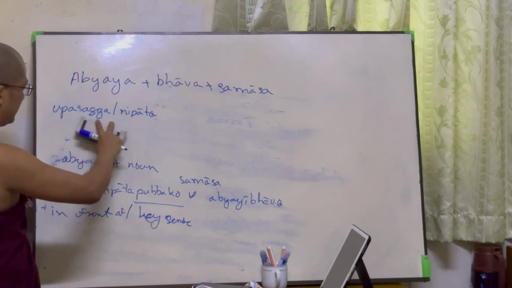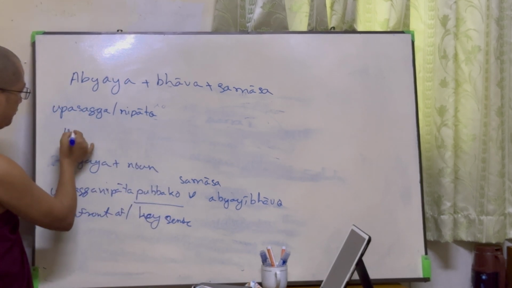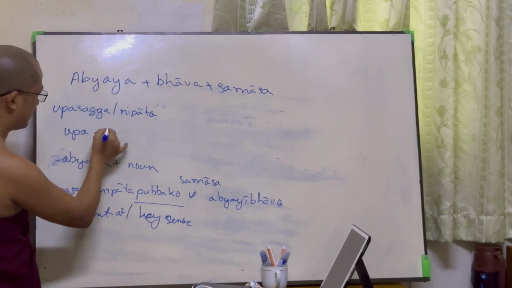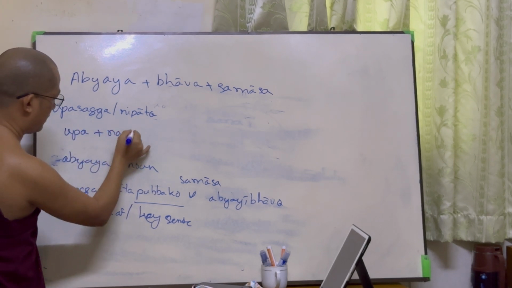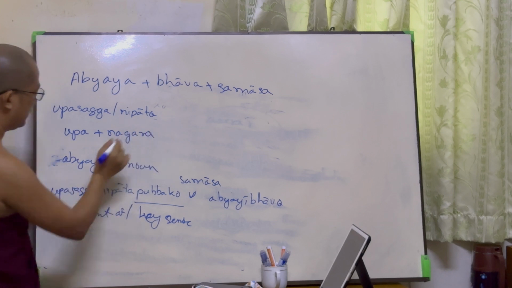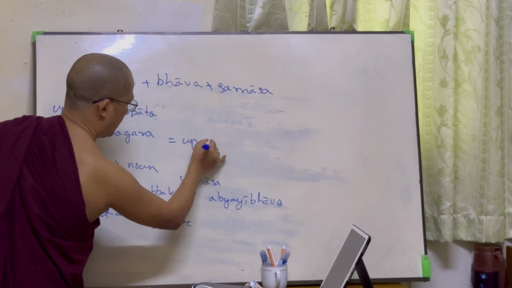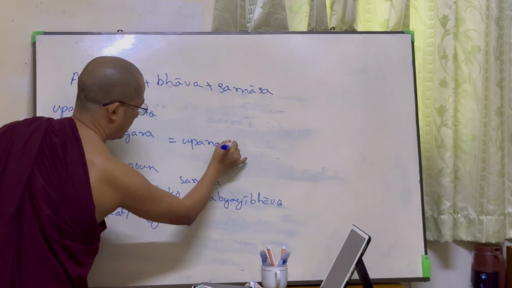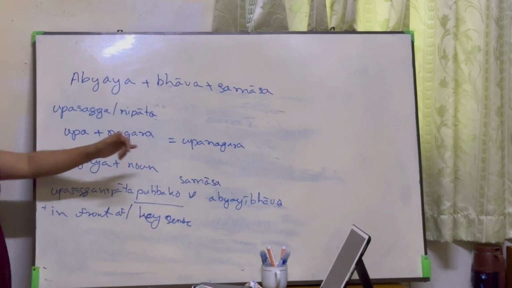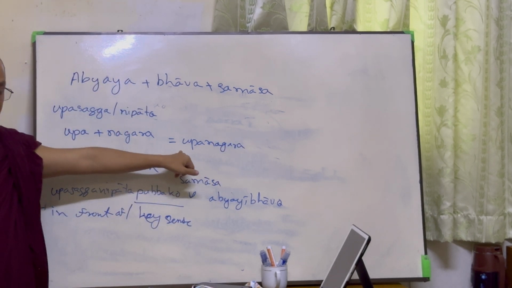Okay, an example is Upa plus Nagara. In the Samāsa, the Upa prefix is in front.